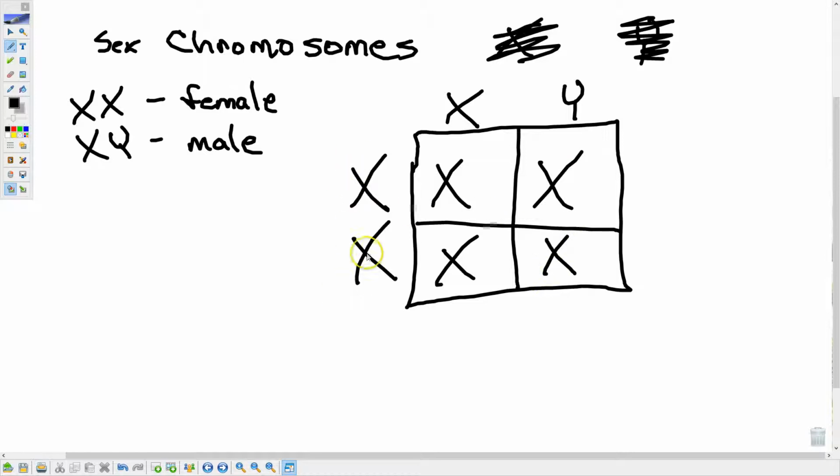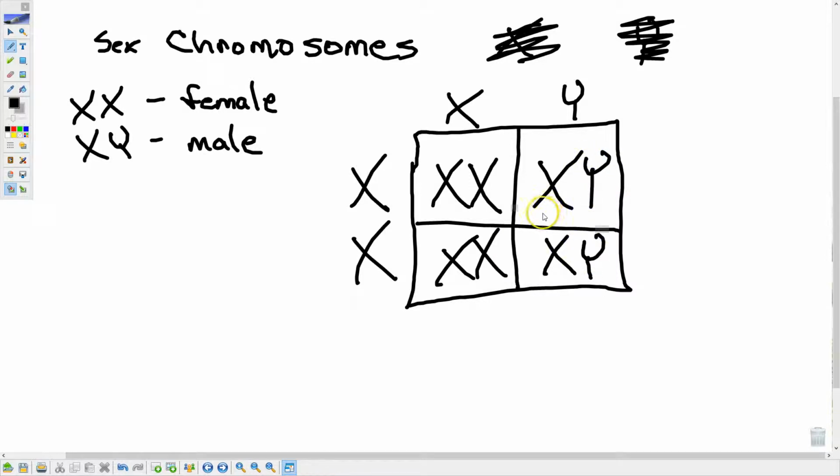She is donating an X, guaranteed. Dad is either going to donate an X to these 2 boxes, or he's going to donate a Y to these 2 boxes. So he donates an X to these 2, he donates a Y to these 2.